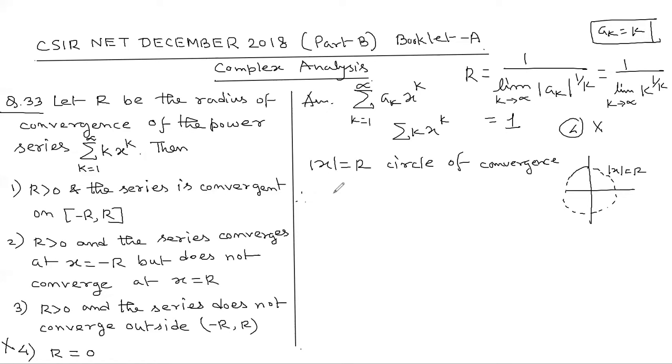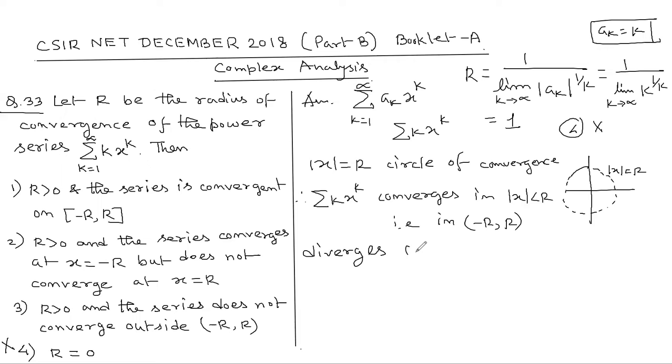So we are getting the series converges in mod x strictly less than R, that is in minus R to plus R, it diverges for mod x strictly greater than R, that means outside the circle of convergence, and on the circle of convergence, that is mod x equal to R, the series may or may not converge.